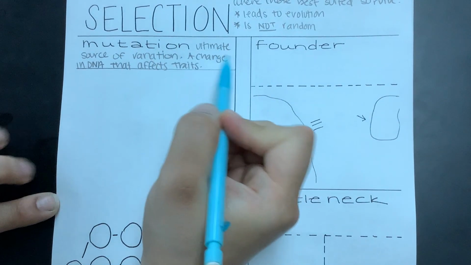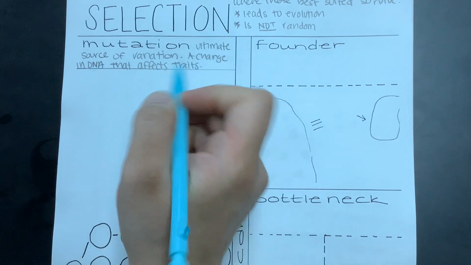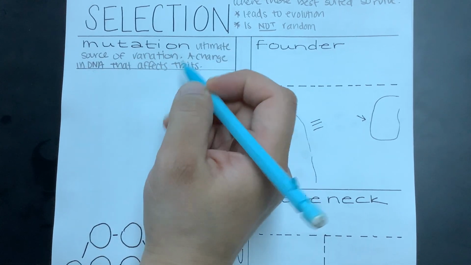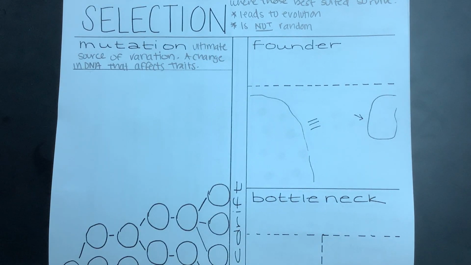So the biggest thing here is that it is a change in DNA that affects traits, and this usually leads to a lot of genetic variation, along with sexual reproduction, which we've discussed.